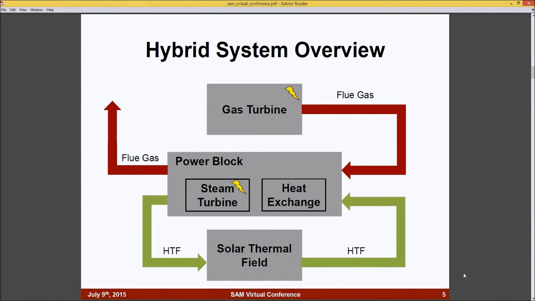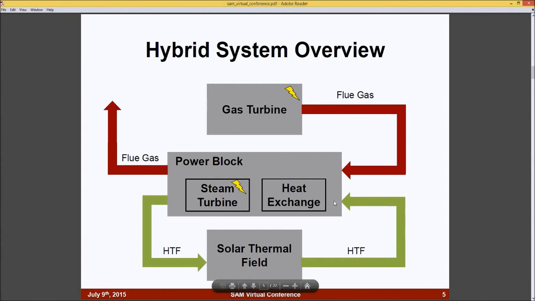So just a quick overview of the way that this system works for us. We have a gas turbine that's coming in and generating some electricity, and some flue gas is exiting that turbine and entering into the power block. From a solar thermal field, where you also have a heat transfer fluid, we're going to use a concentrating parabolic trough with thermal VP1 as the heat transfer fluid in this example.